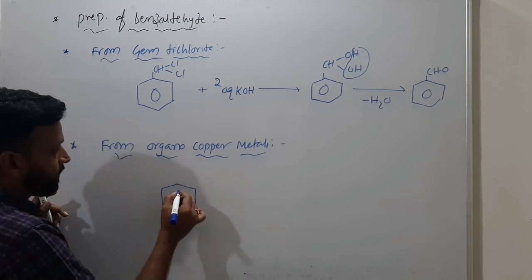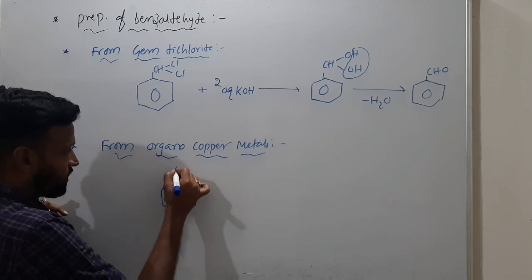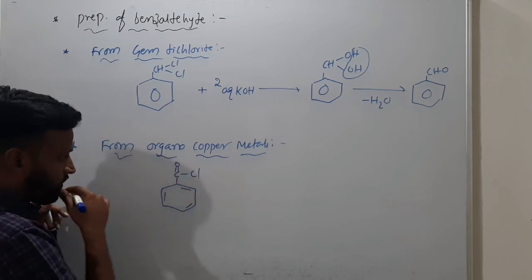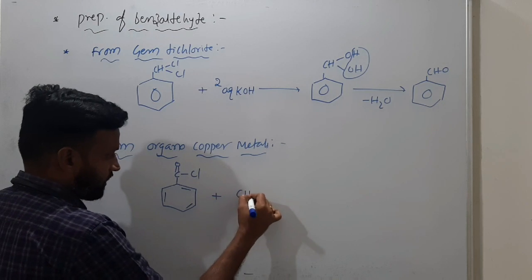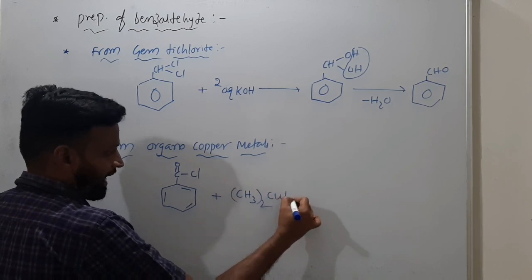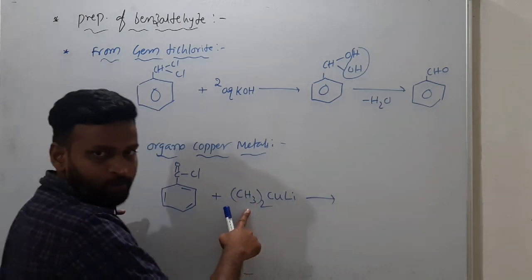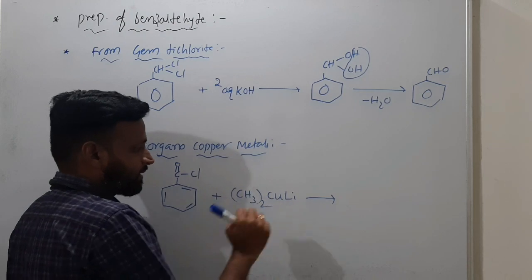So benzaldehyde preparation I am giving, but acetophenone I will also give here. C double bond O Cl, and here (CH3) whole twice CuLi. This is organo, meaning alkyl, copper lithium, a mixture of metals.